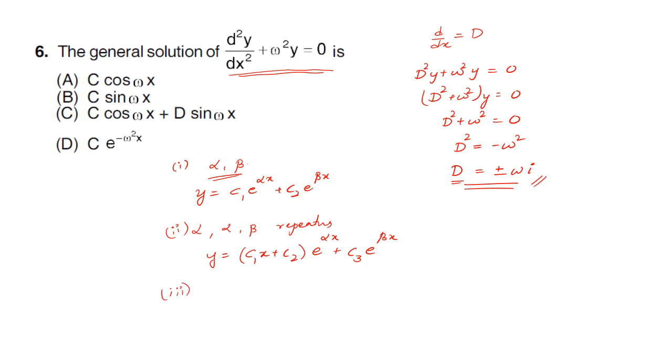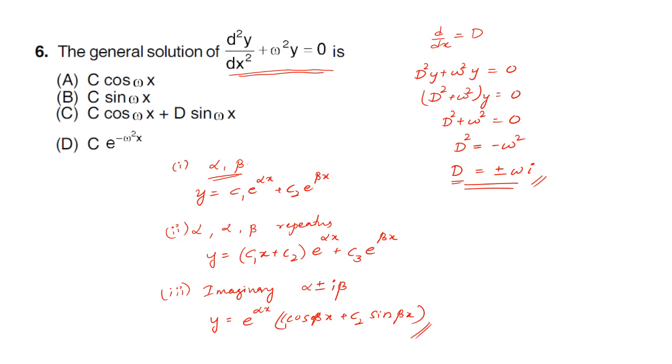Third case is if the roots are imaginary, that is, roots are in the form alpha plus or minus i beta, then y is equal to e raised to alpha x, into c1 cos beta x plus c2 sin beta x is the solution.